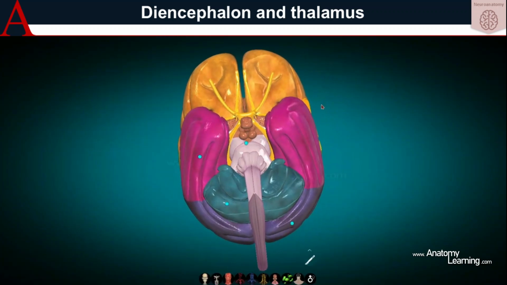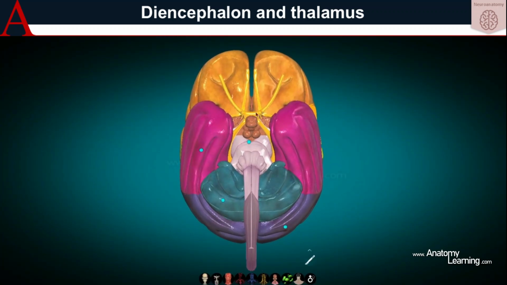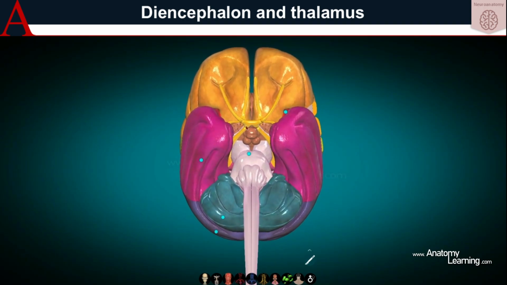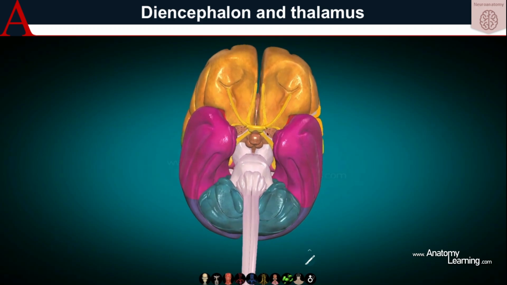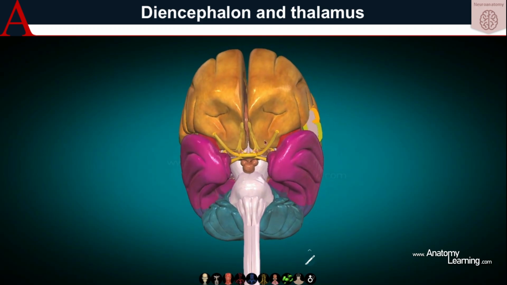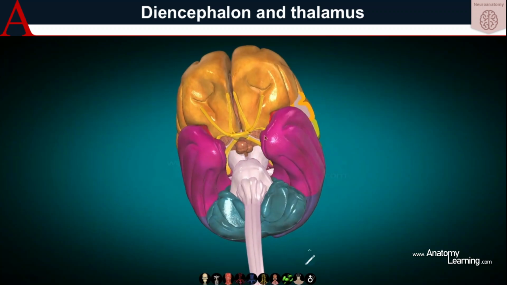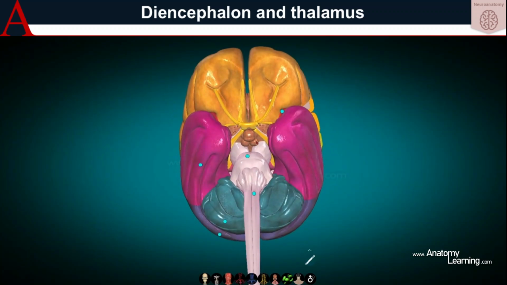the optic chiasm, a formation resulting from the partial crossing of the optic nerves, the tuber cinereum, which extends downward like a small funnel, giving rise to the infundibulum. The infundibulum is continuous with the stalk of the pituitary gland.